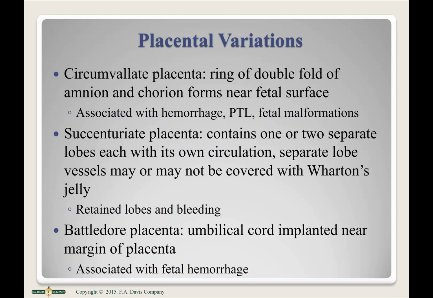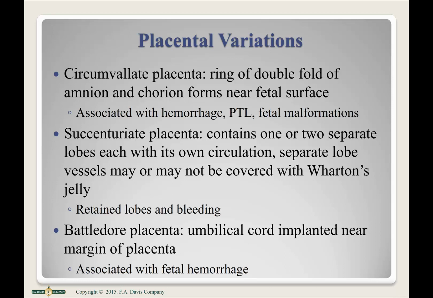All right, circumvallate placenta. So we have this double fold, this double ring of amniotic membrane that forms near the surface of the fetal side of the placenta. You can see from the cord, from the picture in B, there's that membrane that's kind of around those vessels, and that's what we call circumvallate placenta.